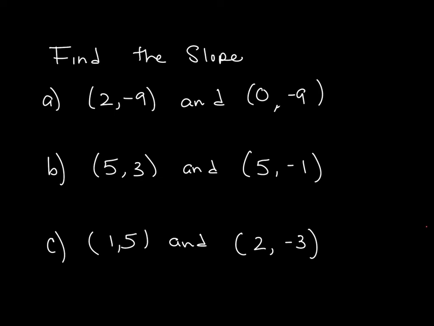All right, so we want to find the slope given 2 points. Our slope is our change in y divided by our change in x, or y2 minus y1 over x2 minus x1. I always recommend labeling the points x1, y1, and x2, y2. So for this first one, I subtract my y values.